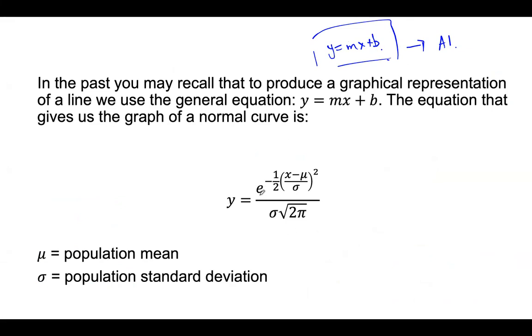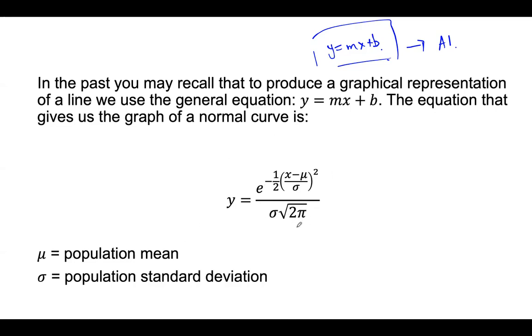It has an exponential function to the exponent negative 1 over 2 times x minus mu divided by the standard deviation, squared, divided by the standard deviation times the square root of 2 pi. Yikes, right?